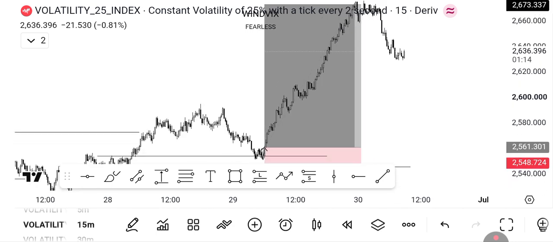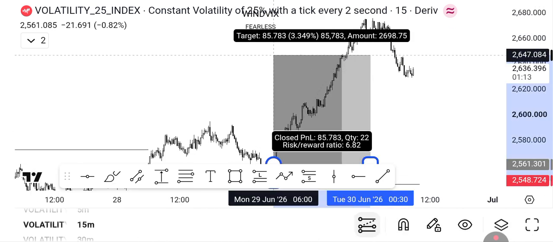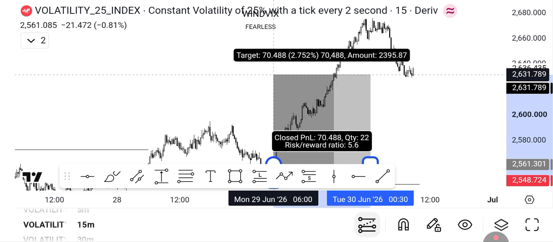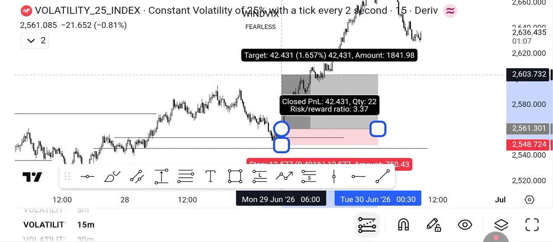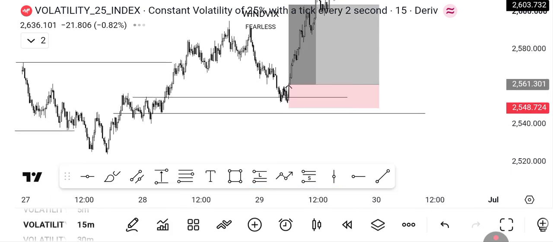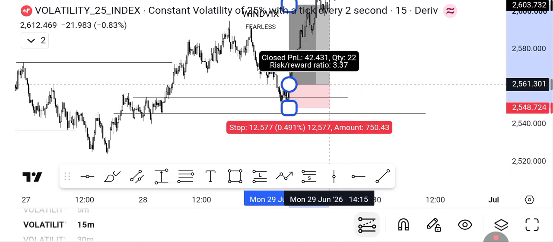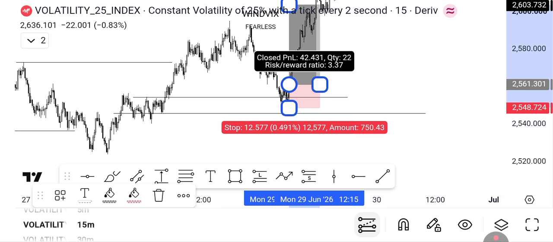I do basically just one to five, and minimum one to three. If you leverage this on your MT5 using $1,000 or $100, you're getting a whopping sum of 300 to 500.